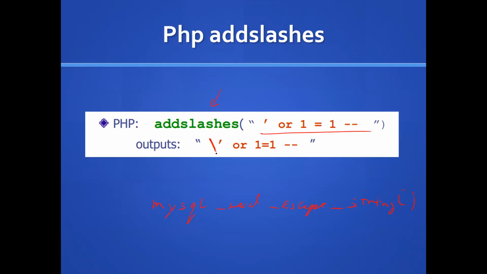It basically provides an escaping character, the backslash. And so whenever this is shown to the MySQL engine or the SQL Server engine, they will ignore that character. Okay, so just be aware of that. Those functions, addslashes, MySQL real escape string, and prepared statements are three defenses that you can use.